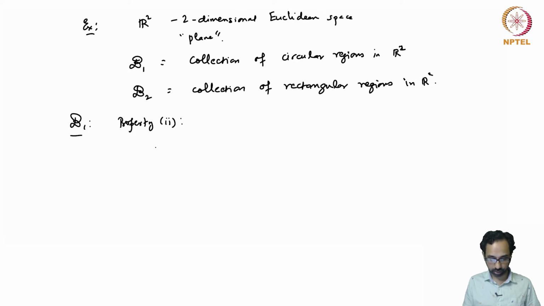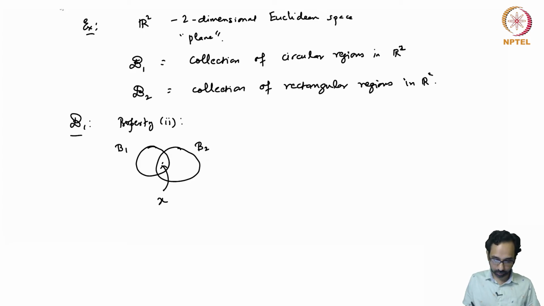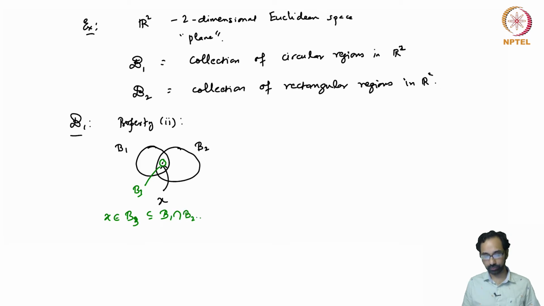If you have two circular regions, B1 and B2, and a point X here, then of course you can take a very small circle, this is B3, which is inside the intersection and contains X. So X is contained in B3, which is a subset of B1 intersection B2. So B1 is a basis for a topology on R2.